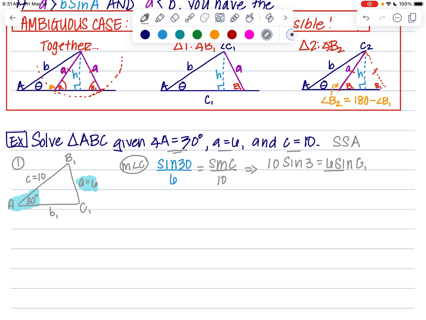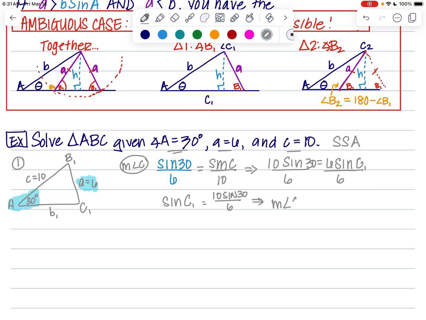Divide both sides by 6, and I get the sine of C1 is equal to 10 times the sine of 30 divided by 6. Oh, not 3. That should be a 30. Whoops, 30. There we go. Okay, so how do we find our angle measure? That's when you do the inverse sine on both sides.